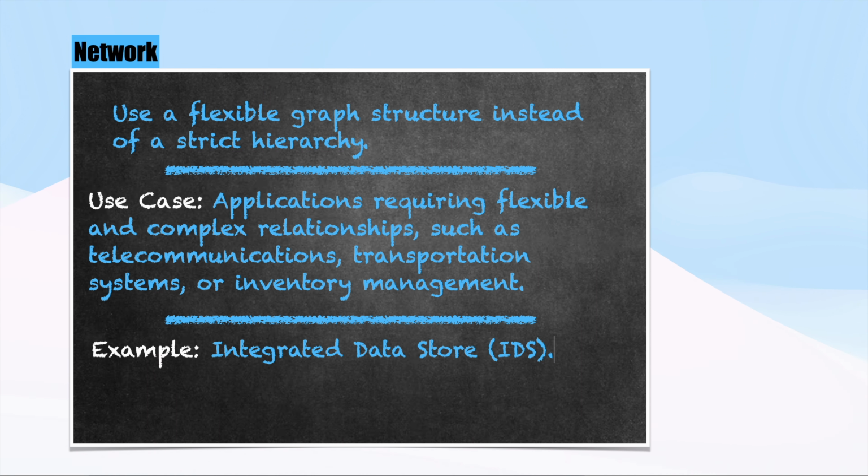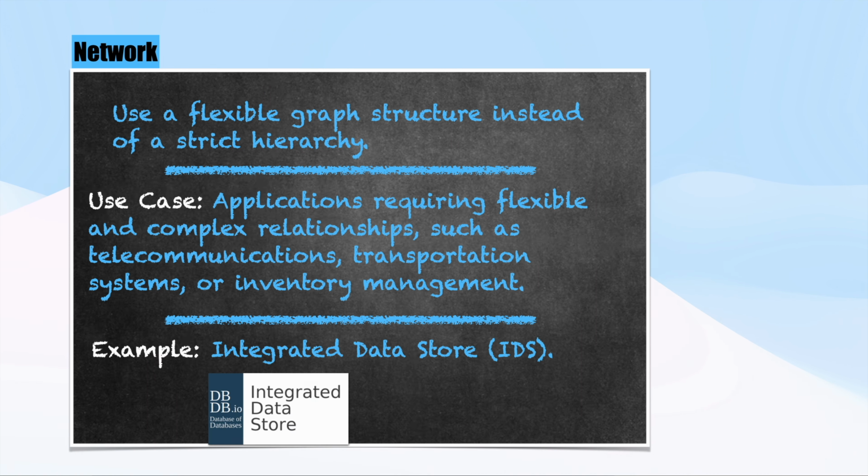One of the most well-known examples of a network database is the Integrated Data Store, which is one of the earliest commercial network databases and was designed to store and manage complex data for large-scale applications like telecommunication networks. A famous real-world application of network databases is in the telecommunication industry. For example, network databases are used to model and manage the relationships between different elements in a telecommunication network, such as users, devices, switches, and communication links.